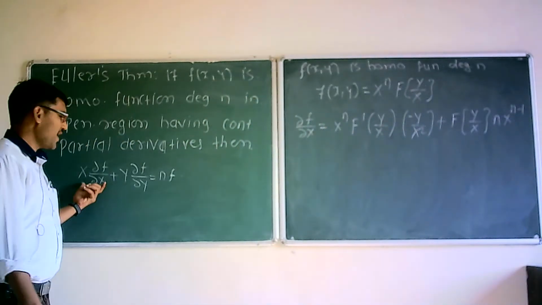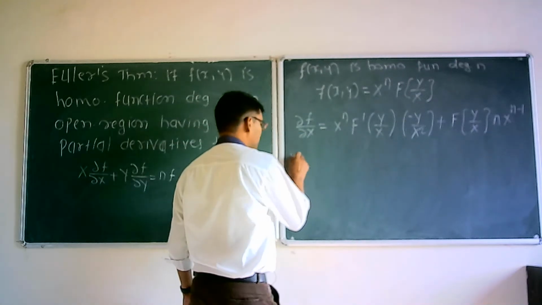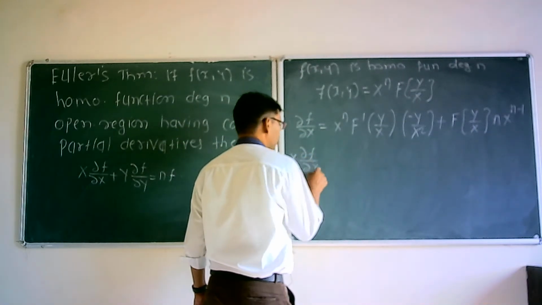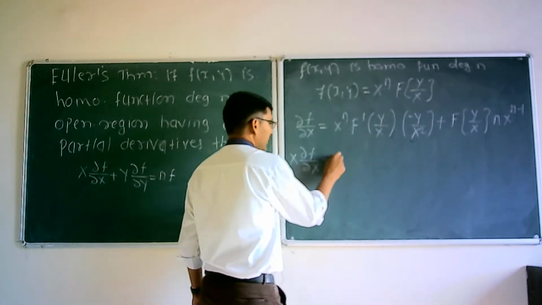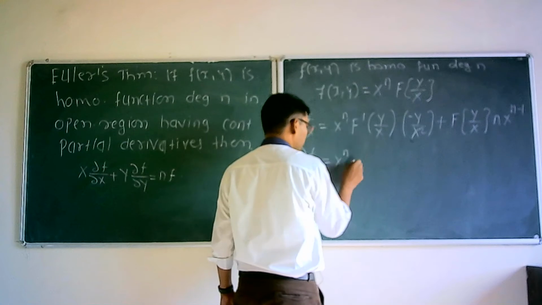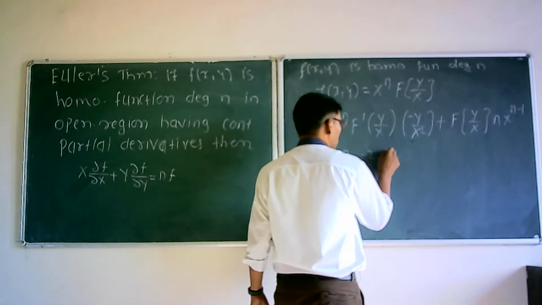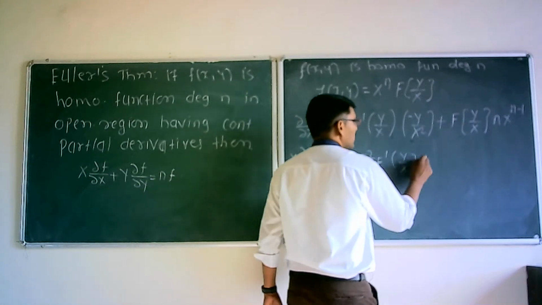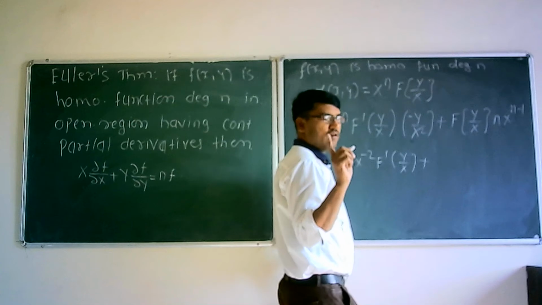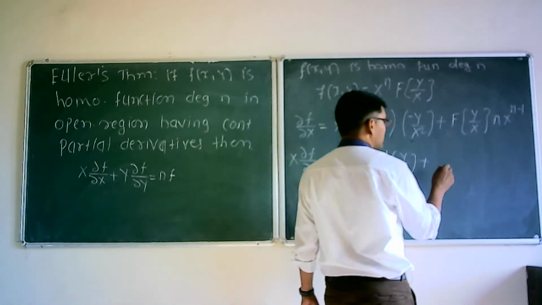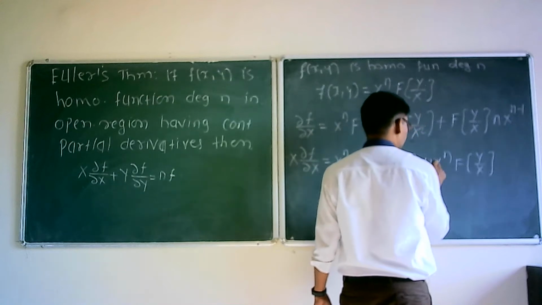Now since we want to determine x ∂f/∂x, multiply this equation by x. So x ∂f/∂x is equal to x raised to n into x raised to minus 2 into f dash of y/x, plus, multiplying here by x, x raised to n minus 1 and x raised to 1 becomes x raised to n, f(y/x) into n.